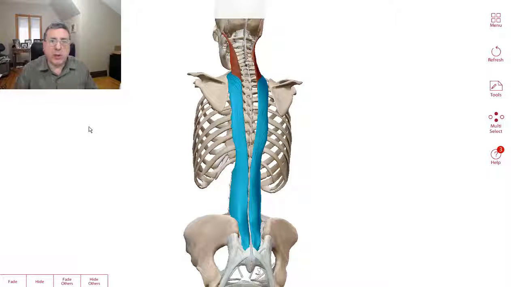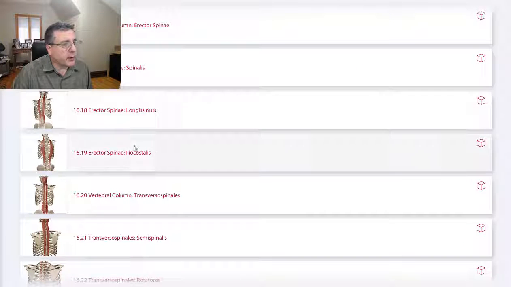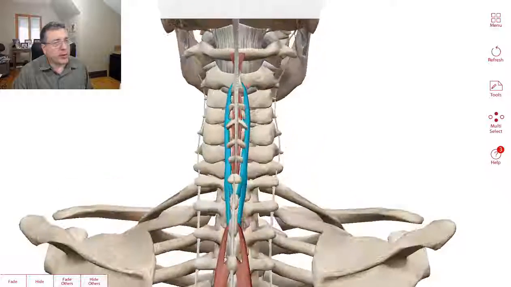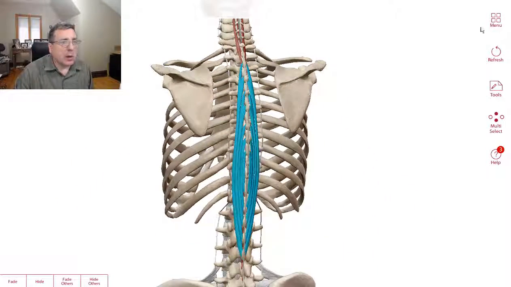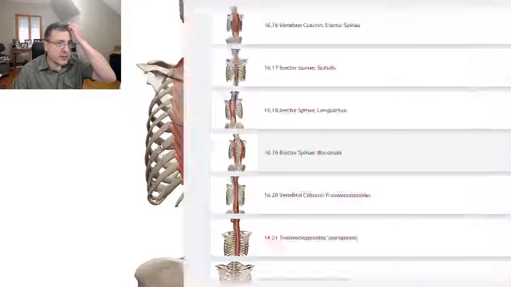I just wanted to point these out to you, especially if you're going into the PTA or PT programs. You'll understand that you can go into far more detail on this. If you were to go to the iliocostalis, or here's the spinalis, this is the most medial one, okay? So we have cervicis and thoracis, okay?